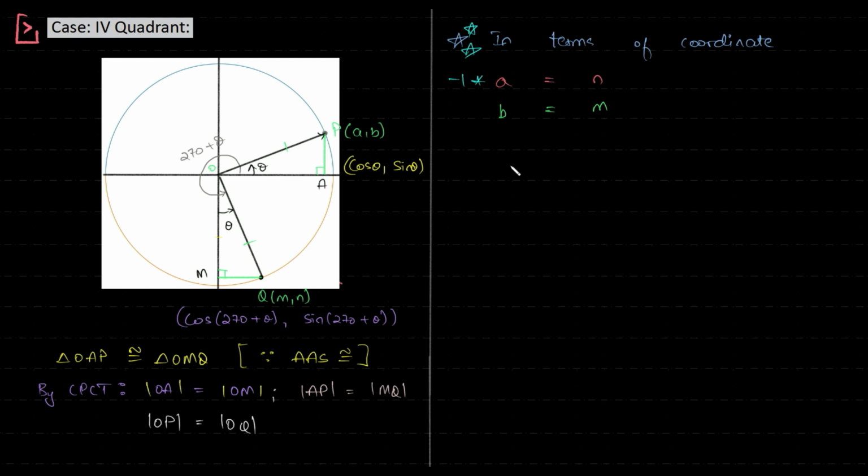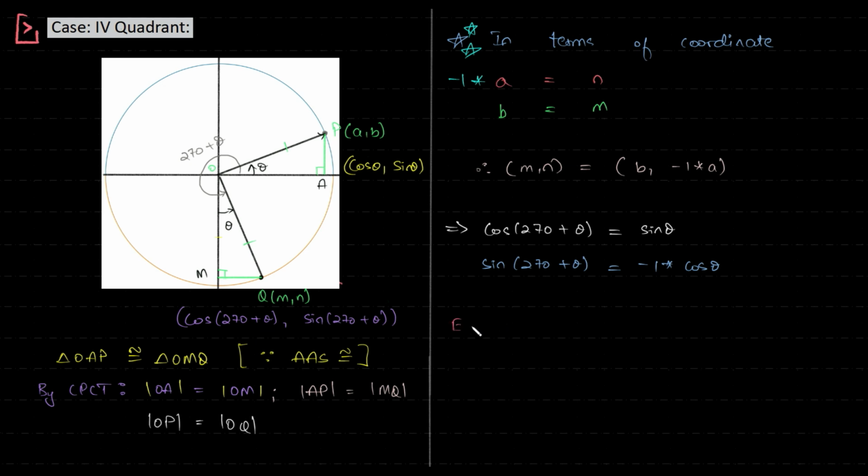So we have M comma N equal to B comma minus 1 into A. This implies M is cos of 270 plus theta, which is equal to B. B is sine theta, while sine of 270 plus theta is minus 1 into A. A is cos theta, so minus 1 into cos theta.